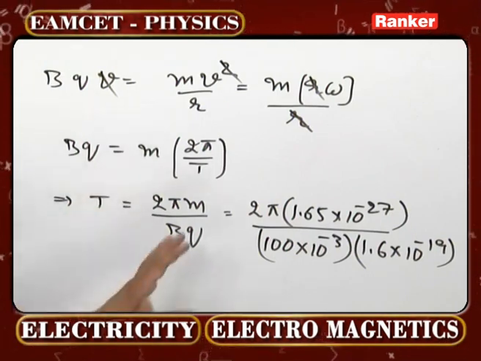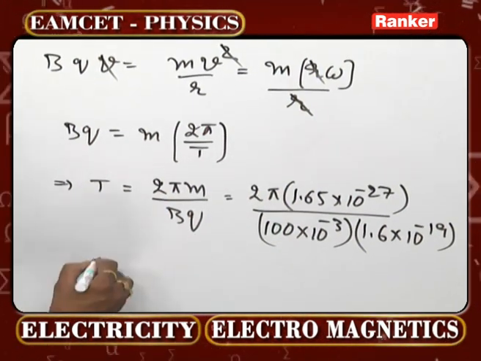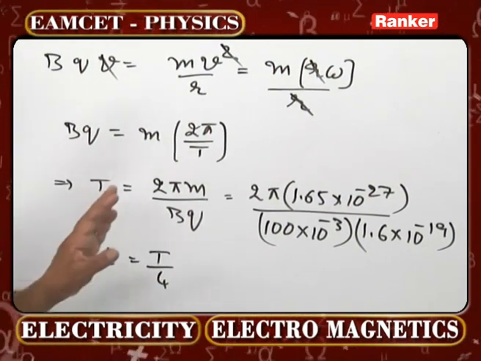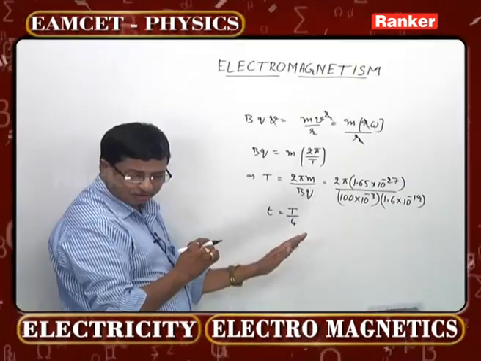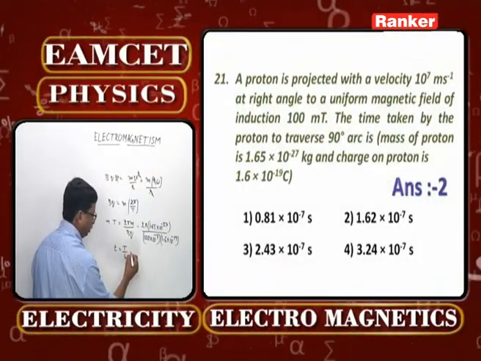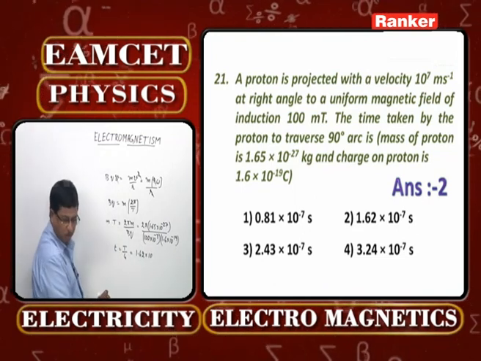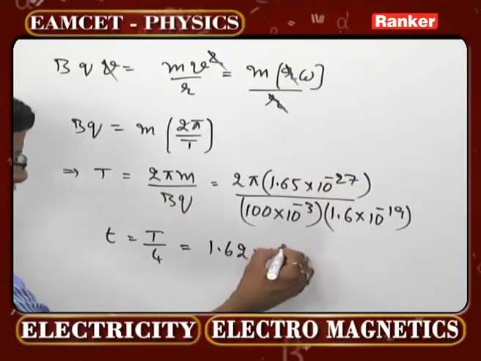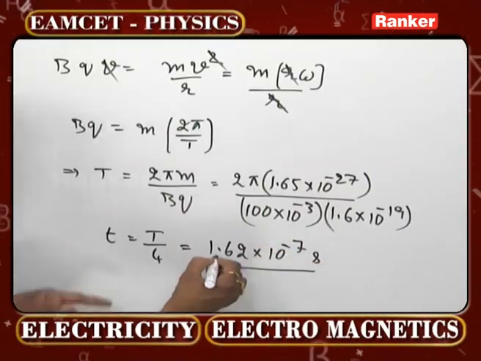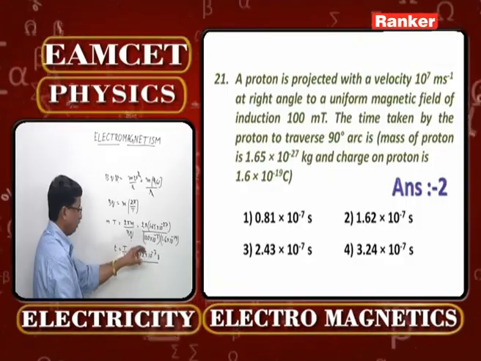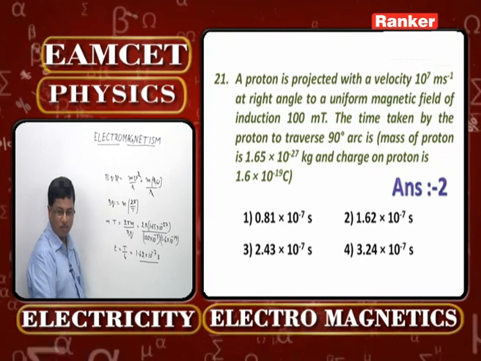After getting T, that is not your answer. You want T by 4 because only 1/4 arc, 1/4 circle, has to be completed. So what will be the correct option for you? T by 4, 1.62 into 10 to the power minus 7 seconds you will be getting. This option tallies with the second option over here as far as the 21st question is concerned.